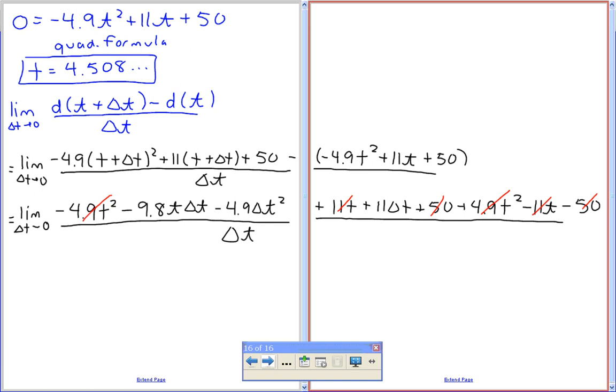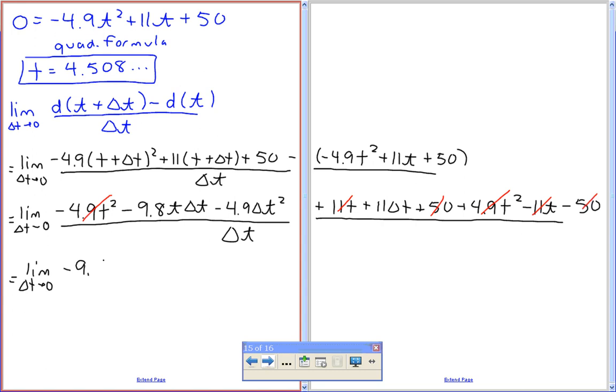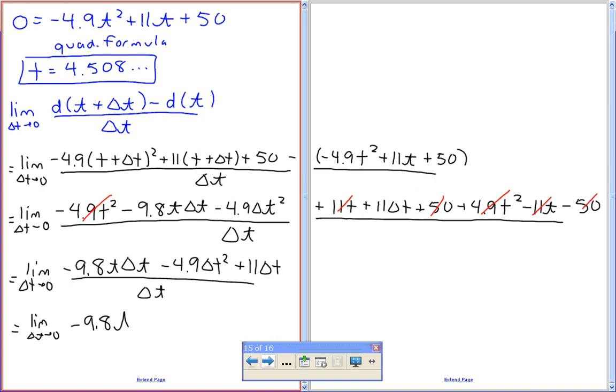And we should put the limit as delta t approaches 0 of negative 9.8 t delta t minus 4.9 delta t squared plus 11 delta t, all over delta t, which equals the limit as delta t approaches 0 of negative 9.8 t minus 4.9 delta t plus 11.